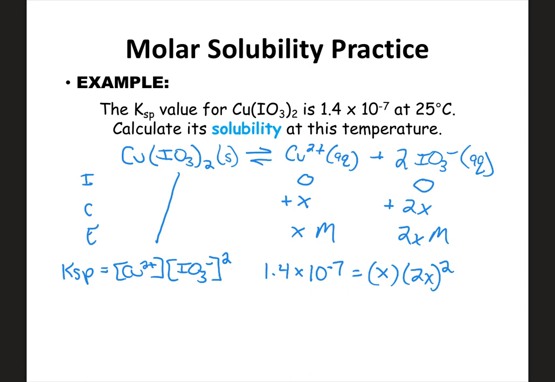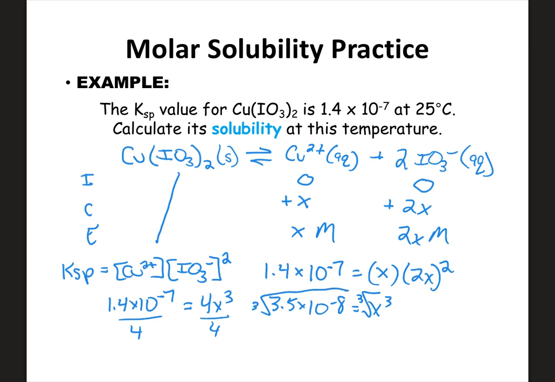So when we actually start combining these things here, we get 1.4 times 10 to the minus 7th equals 4x cubed. You can divide both sides by 4, and we get 3.5 times 10 to the minus 8th equal to x cubed. Take the cube root of both sides, and we get x being equal to 3.3 times 10 to the minus 3rd molar here.